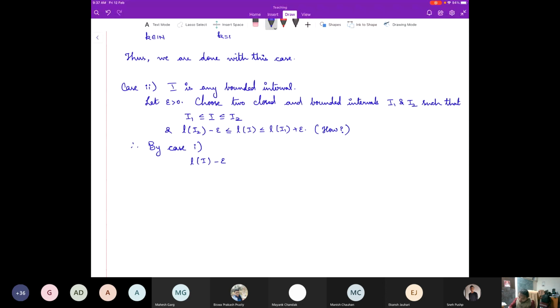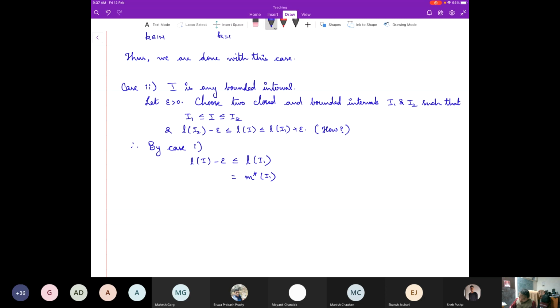If you use the right hand side inequality, this is going to be less than or equal to length of I1. But I1 is a closed and bounded interval. Therefore, this is same as m star of I1.